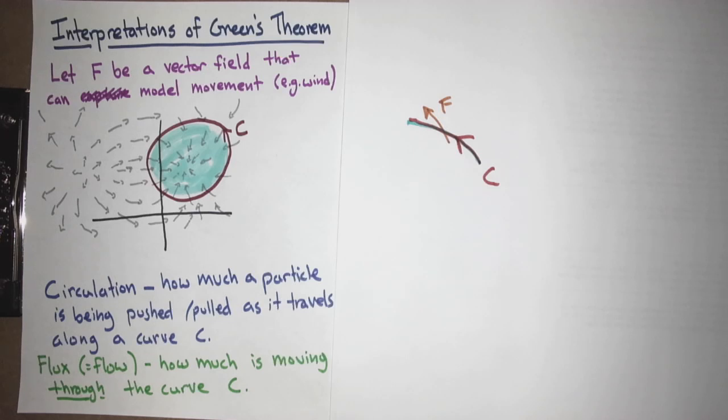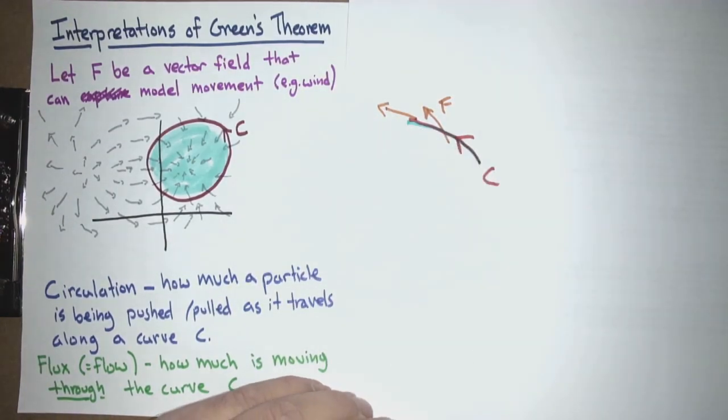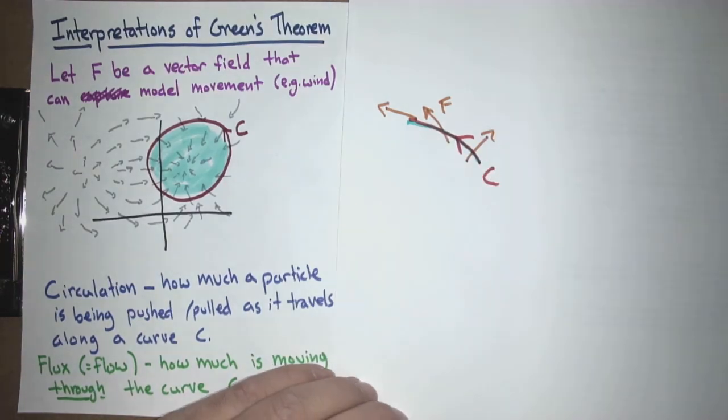Am I being propelled forward or backwards by the force? Forward. How can you tell? It's going roughly in the same direction, right? If it was exactly the same direction, maybe here, it's really pushing me forward. If I'm perpendicular, it has no effect, and of course somewhere it could be pointing backwards. So now the question is, how do we measure all of this?